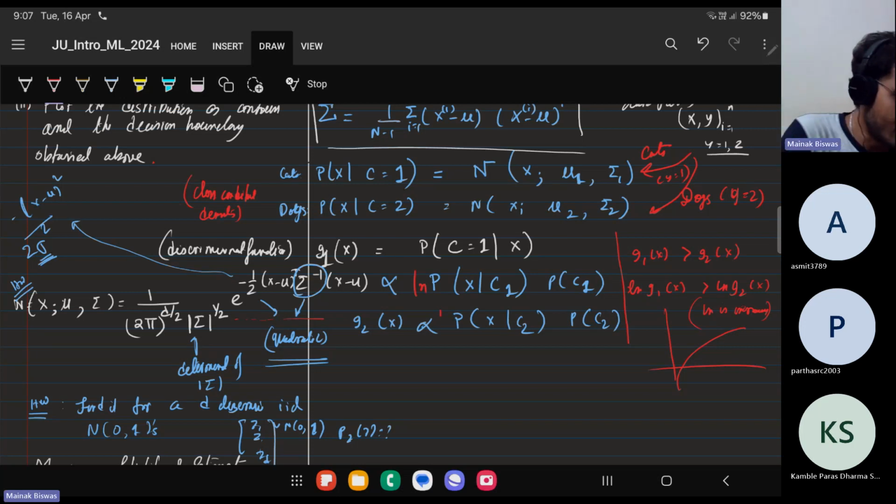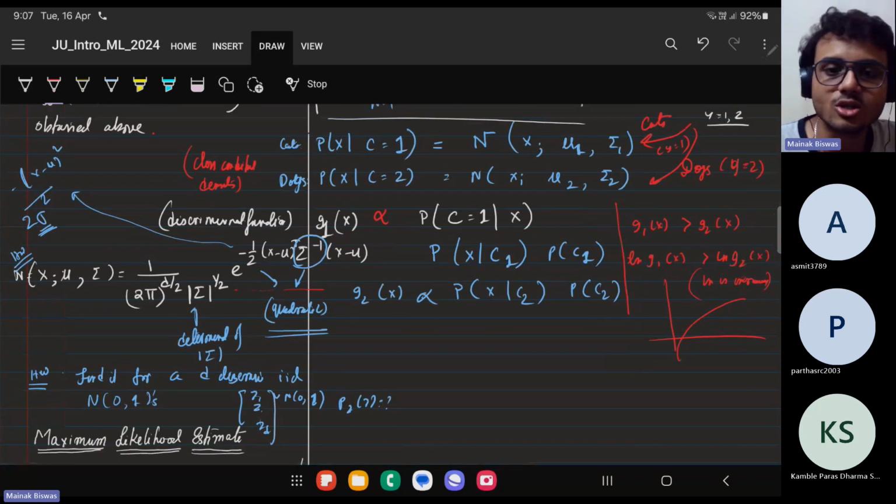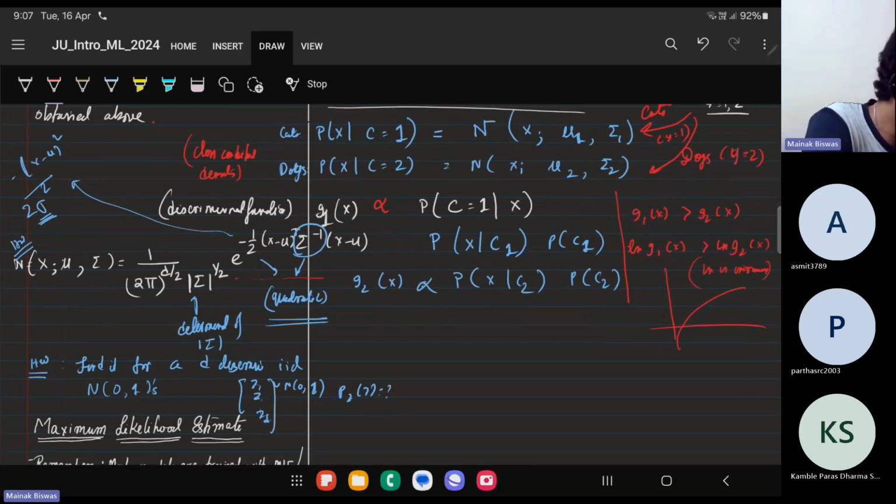G1 had to be proportional to this, and G2 had to be proportional to this. This is why I wrote G1 and G2 separately. They need not be just probabilities, but scaling of probabilities, but that has to be consistent scaling.